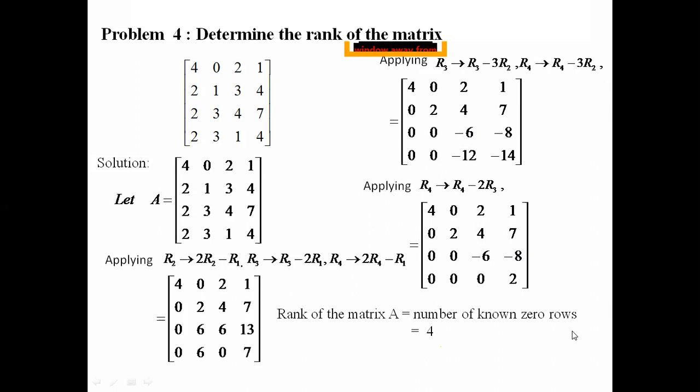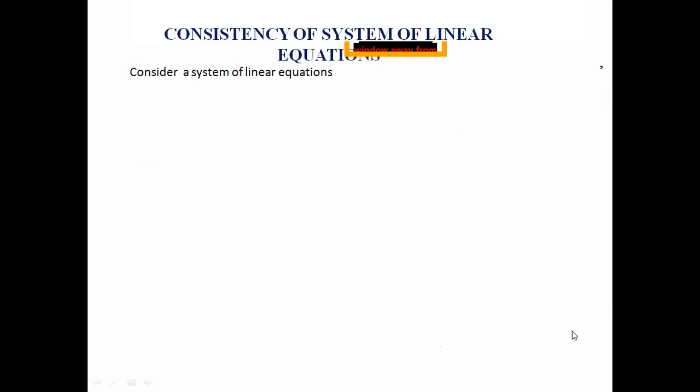Now, why do we need this rank? Actually, it is to test the consistency of a system of equations. When a system of equations is given, usually it is given like this: one equation, let it be a11 into x1 plus a12 into x2 plus etc. a1n into xn is equal to b1. This is the first equation.